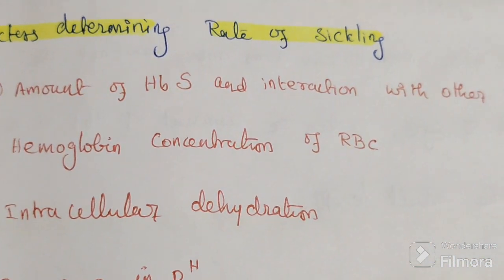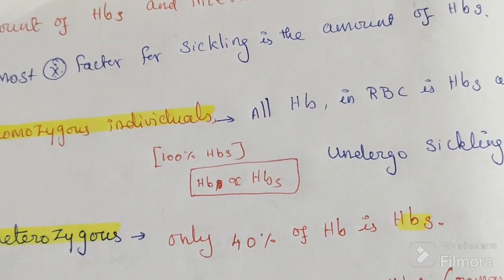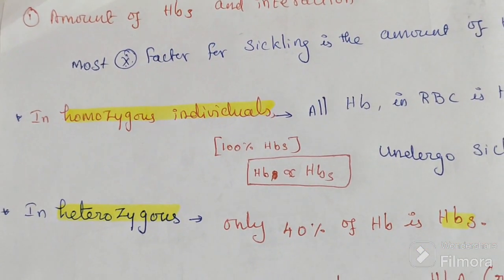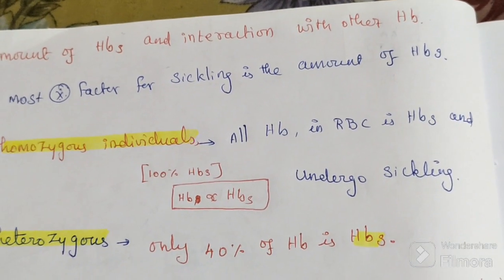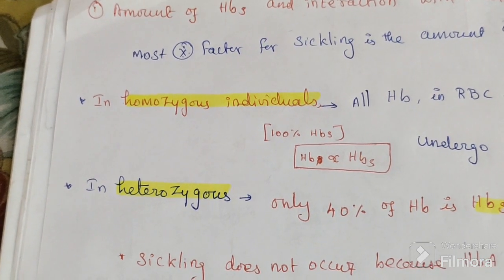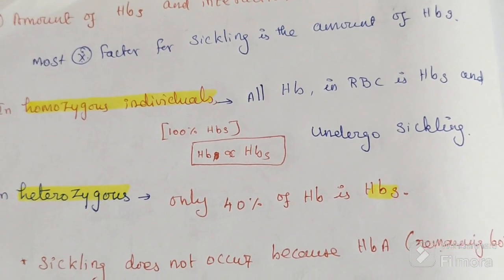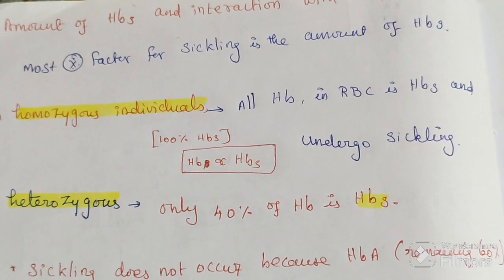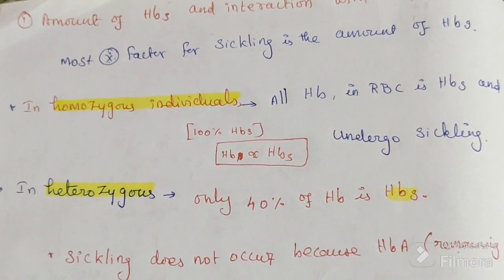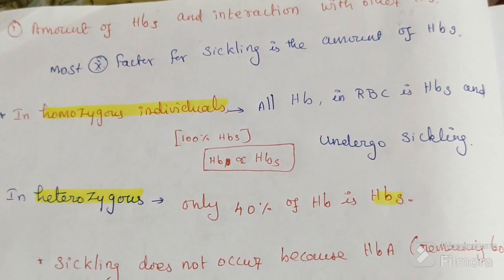The first one is the amount of HbS and interaction with other hemoglobin: how much hemoglobin S is present in human blood, whether other hemoglobin is present or not, and if present, what is the impact of other hemoglobin on hemoglobin S.